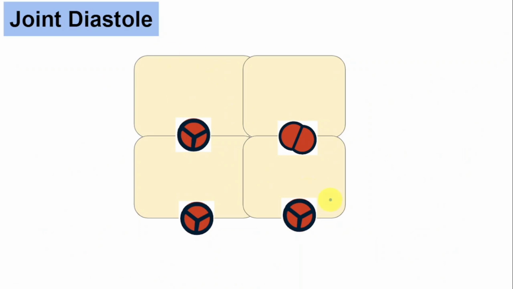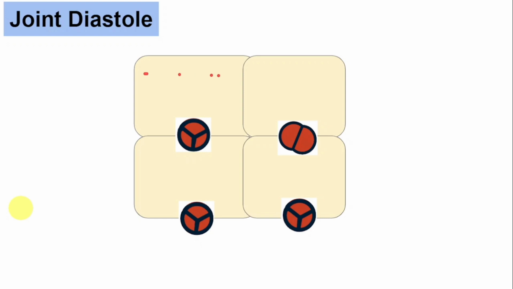So let's understand the cardiac cycle and why and when these sounds are produced. We begin with the consideration that both the chambers are relaxed: joint diastole. Diastole means relaxed state, and joint means both upper and lower chambers. That means all four chambers are relaxed. Now, what will happen?